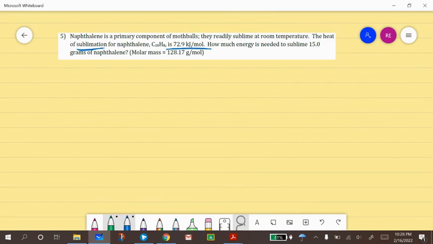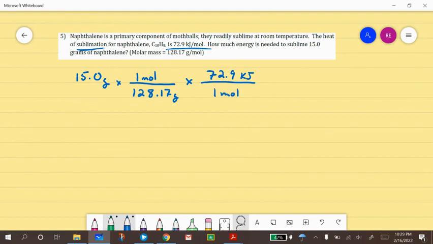So we're going to take our 15 grams of naphthalene, and we know that 1 mole is equal to 128.17 grams. And then we know it is 72.9 kilojoules of heat needed to sublime 1 mole of that stuff.